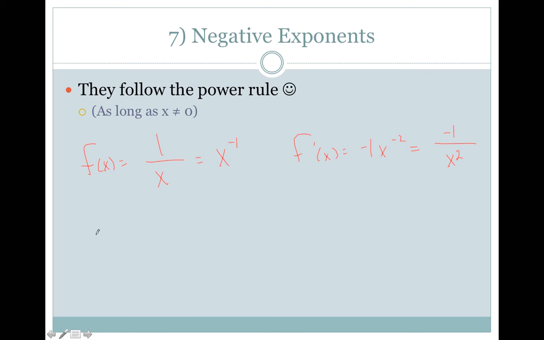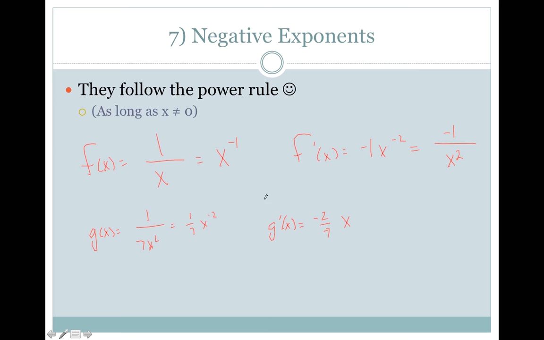Now, we can do what I was drawing a second ago, but I forgot the way I wrote it. If I wrote 1 over 7x squared, I could rewrite this as 1/7 x to the negative second power, and therefore g prime of x would be, okay, bring the 2 down, so it would be negative 2 over 7 times x.